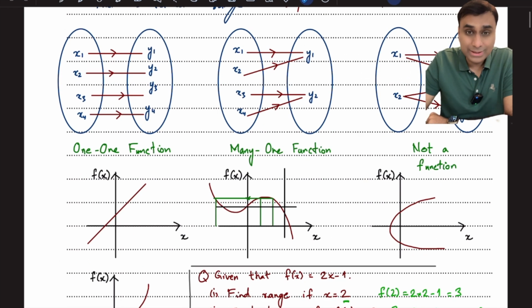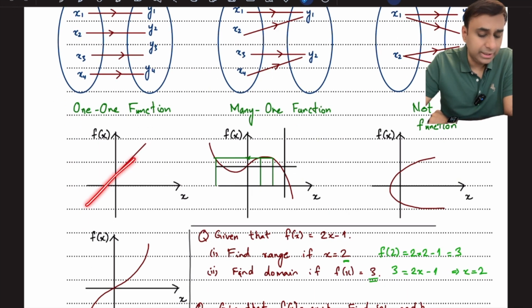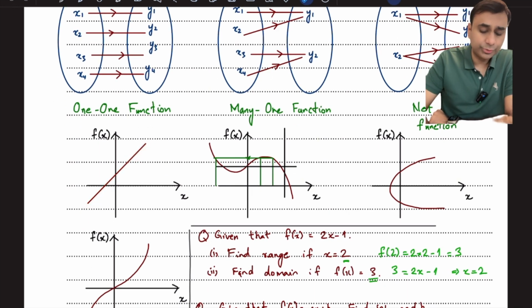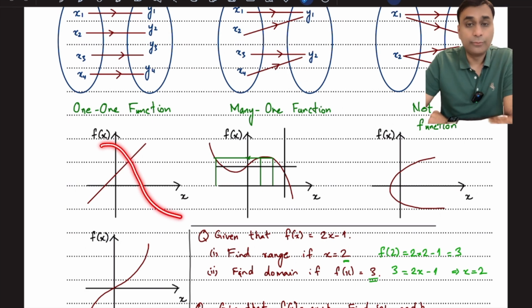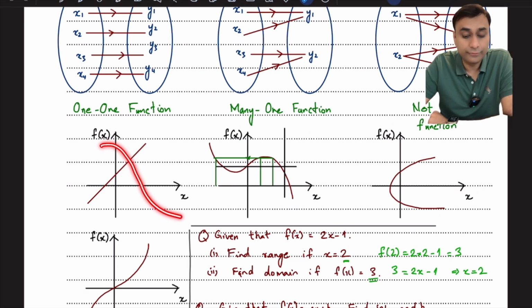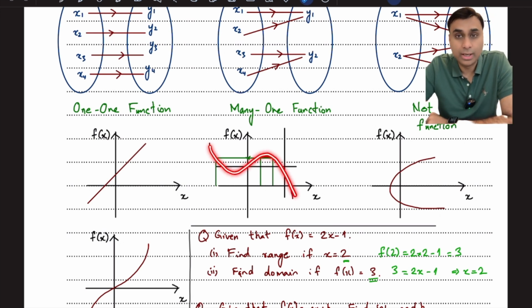You can represent the same thing with the help of a diagram. If you have a value of function being represented in a way that is always increasing, or maybe in a particular situation it's always decreasing, that would be an example of a one-to-one function. If a function decreases and then increases and then decreases again, then that would be an example of a many-to-one function.